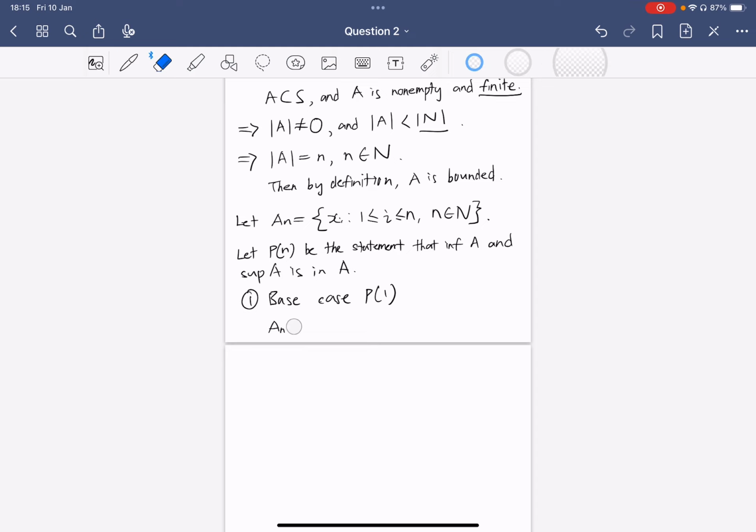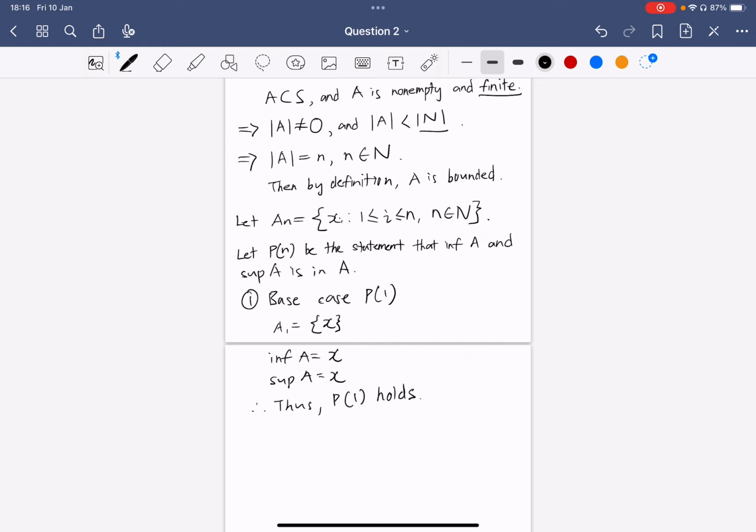So A1 would be just x, right? It would only be one element, right? In the case that An is a subset of S that it has one element, that means inf A is x and sup A is also x. Thus, P1 holds. Right?